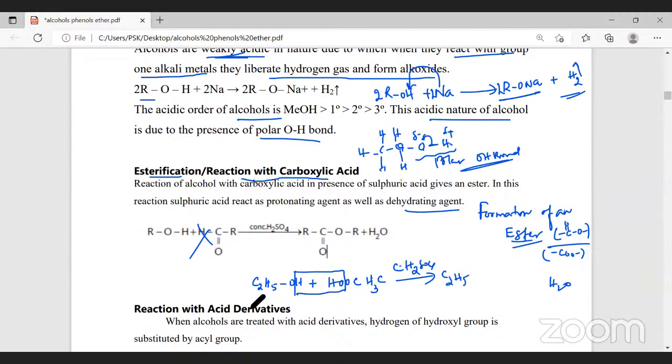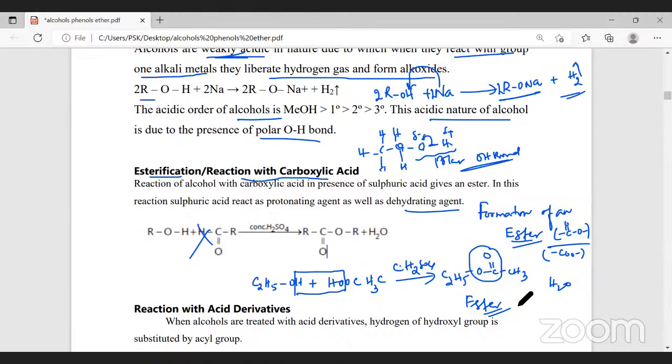You have C2H5, you have this oxygen, you have the CO, that is C double bond O, and you have CH3. So molecules which contain COO as a functional group are called esters. So formation of esters is called esterification.